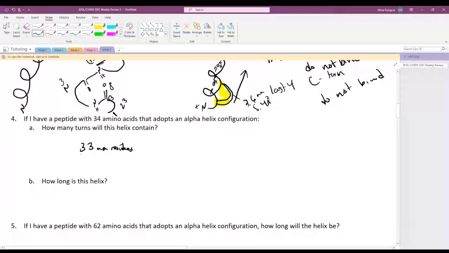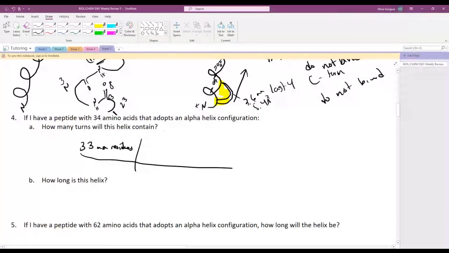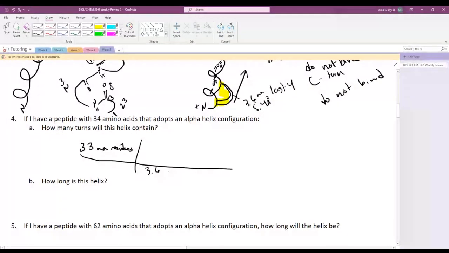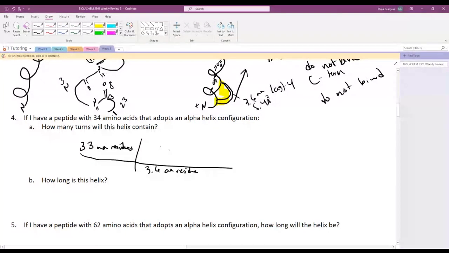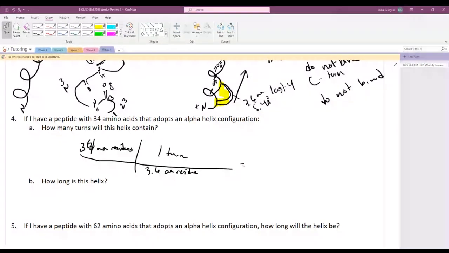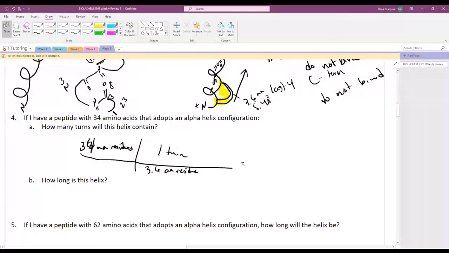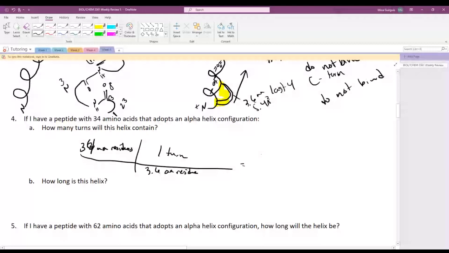So 3.6 amino acid residues per one turn. And I apologize, I wrote 33, that should be 34. 34 divided by 3.6, the number we get out of that is about 9.44 turns. Okay? And our units cancel, of course.